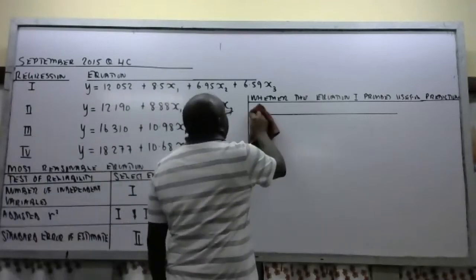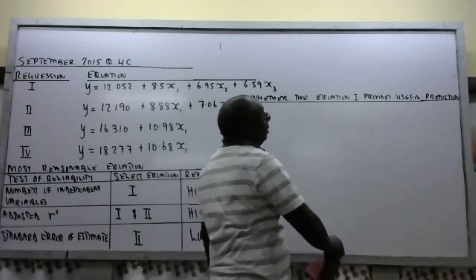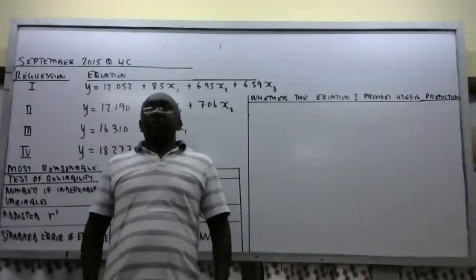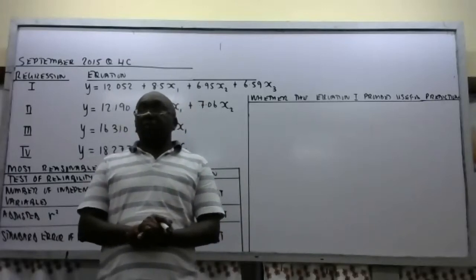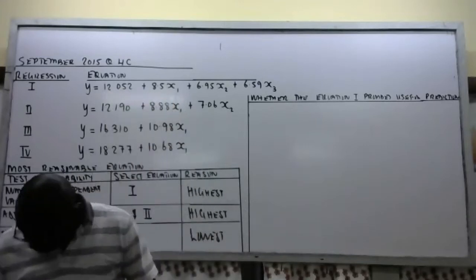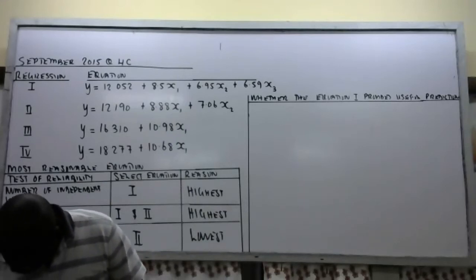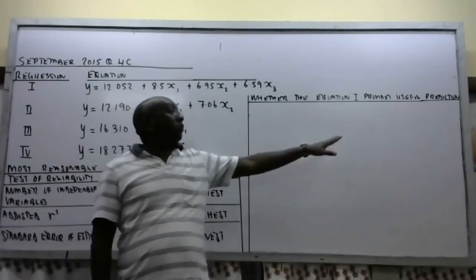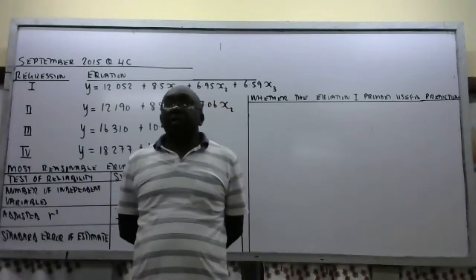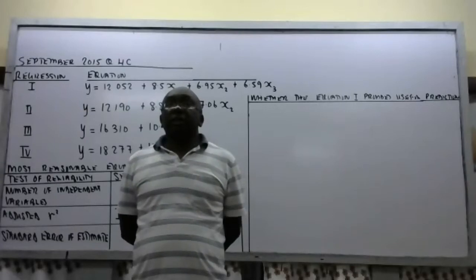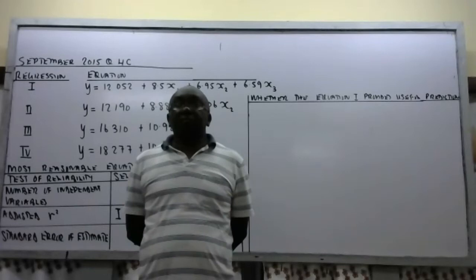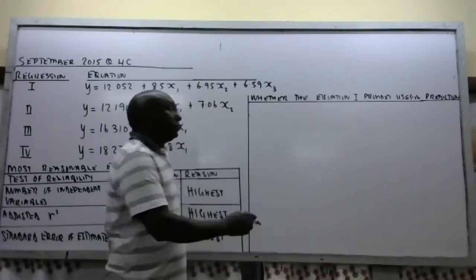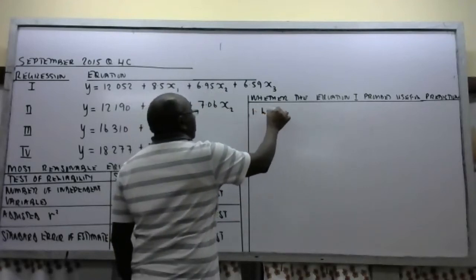And if none of them is greater than 0.8, this is what you shall write: the equation will provide a meaningful, or rather a useful prediction, since the following assumptions have been maintained. 1, linearity.